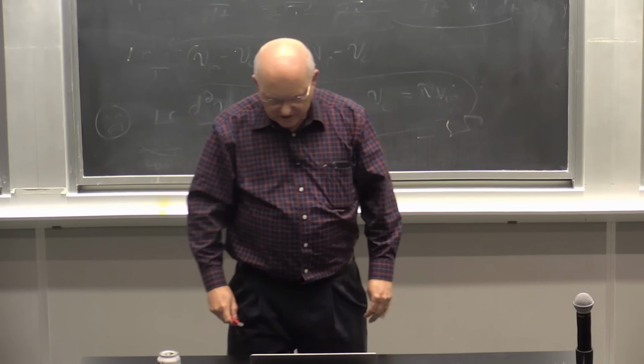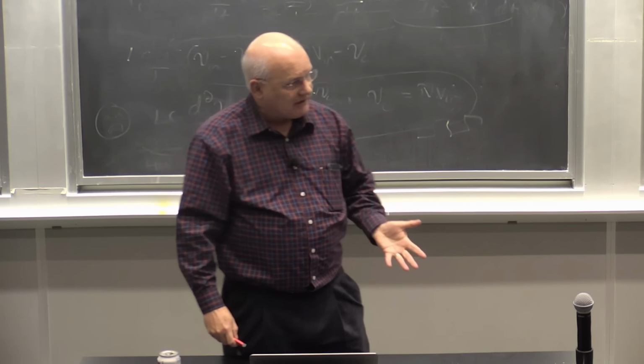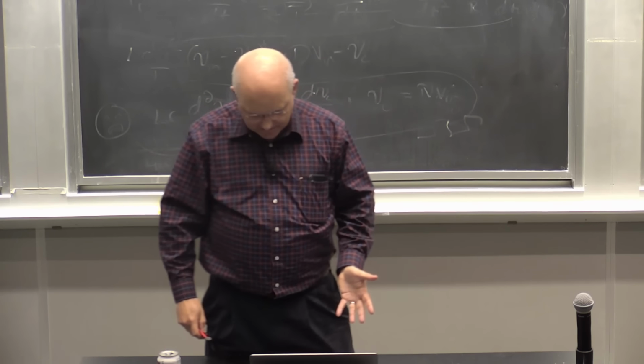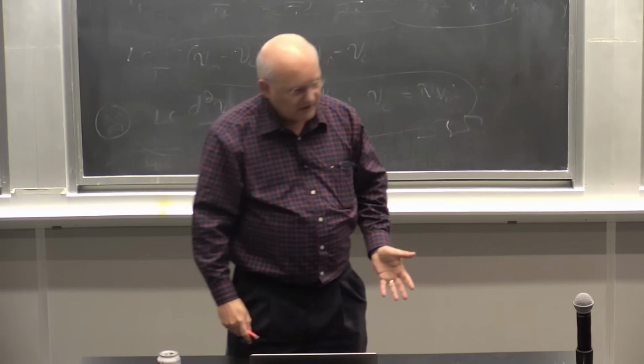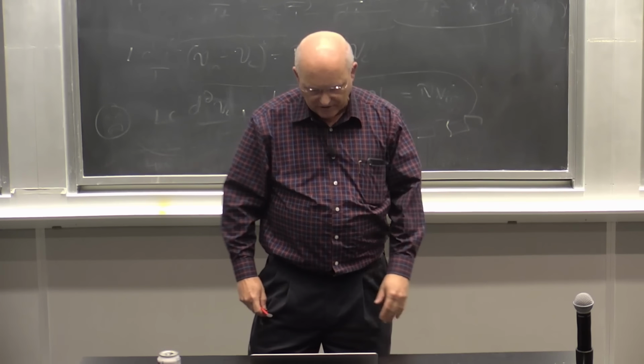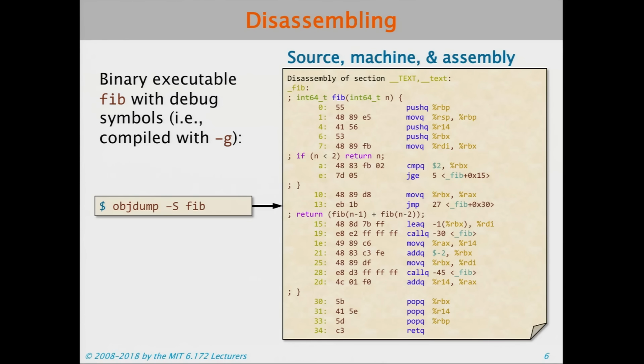So one of the things you can do, if you have the machine code, and especially if the machine code was produced with so-called debug symbols, that is, it was compiled with -g, is use this program called objdump, which will produce a disassembly of the machine code.